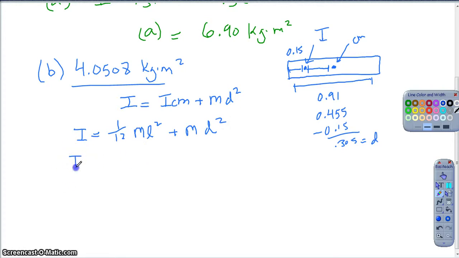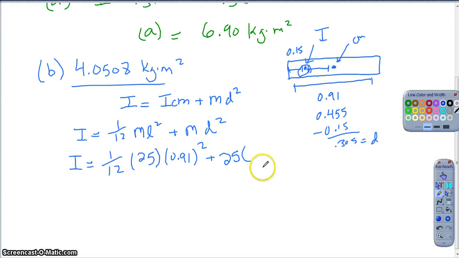At this point, finding the moment of inertia is just plugging in the values that I know. So 1/12, the mass of the door, which they told me was 25, times the total length of the door squared, which is 0.91 meters. And then plus the mass of the door, 25, times the distance to the center of the door from that arbitrary point I'm choosing.